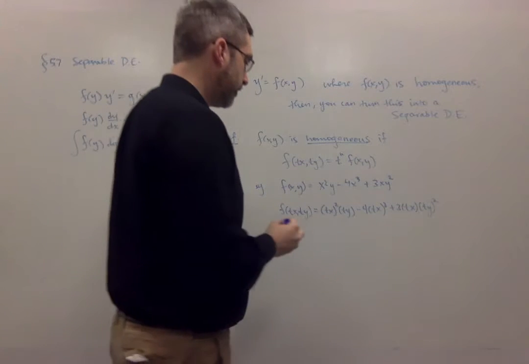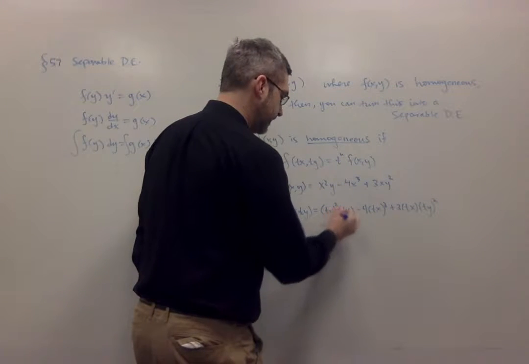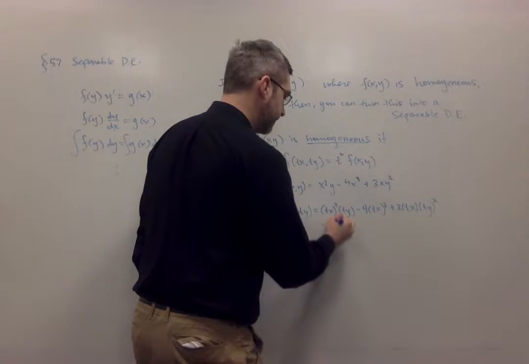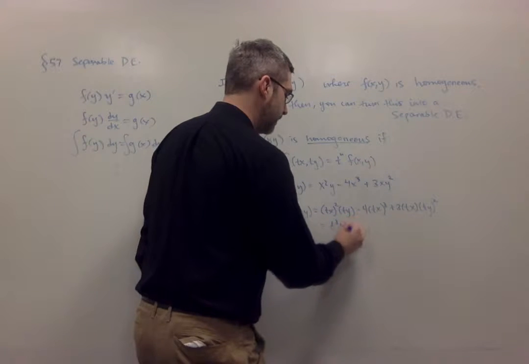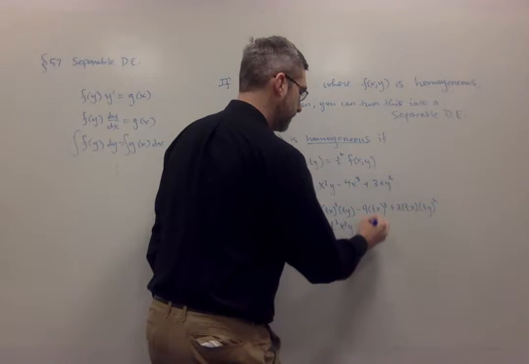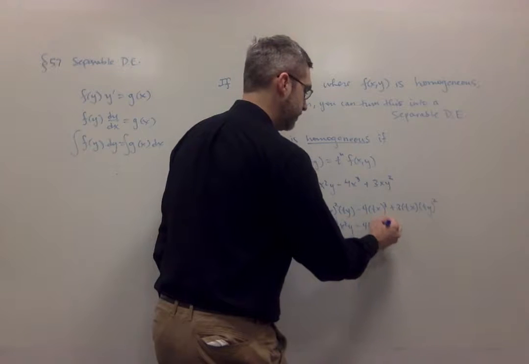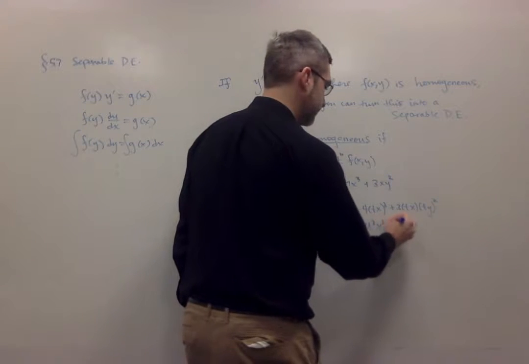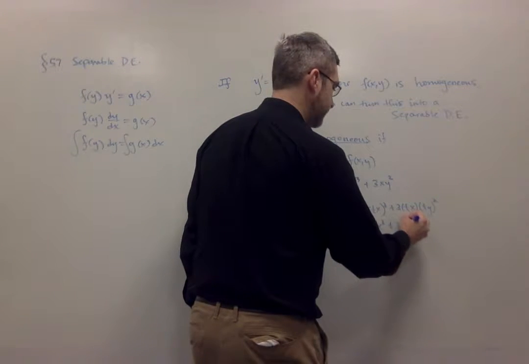Now what I want you to notice here is that there's actually 3 t's, so you get t cubed here, you get t cubed here, and you get t cubed here.